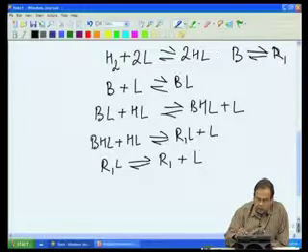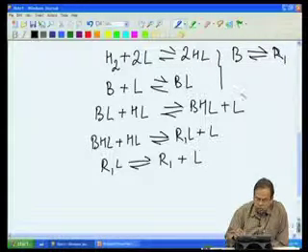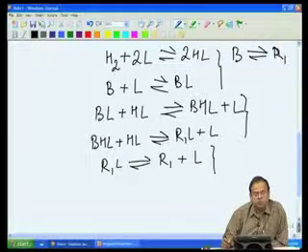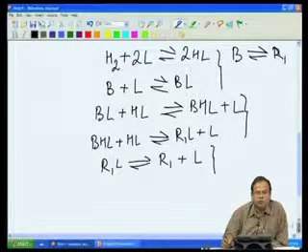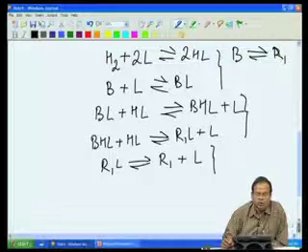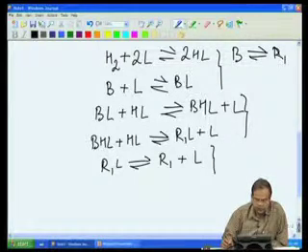So, we have adsorption, we have surface reaction, we have desorption. The similar kind of mechanism that we saw earlier when we were discussing the kinetics.